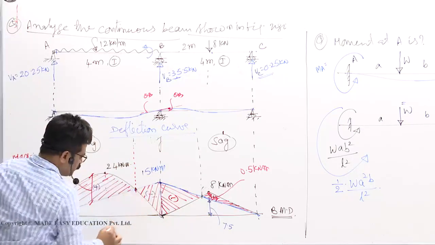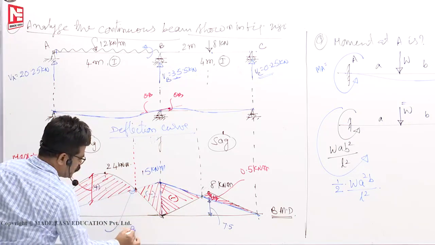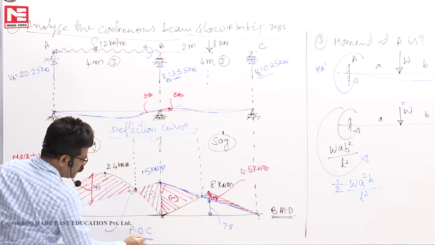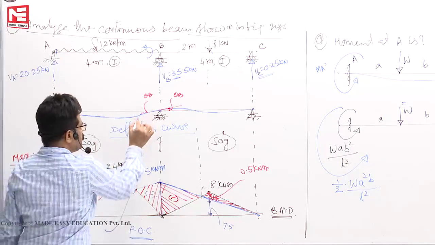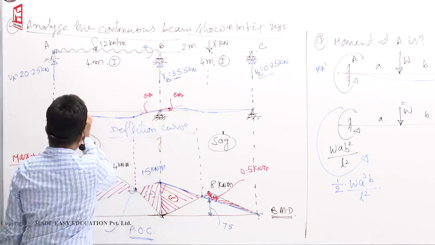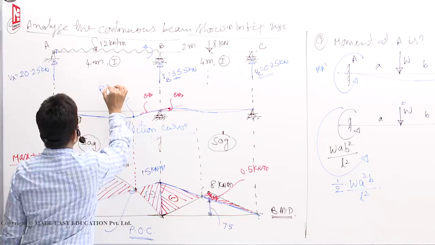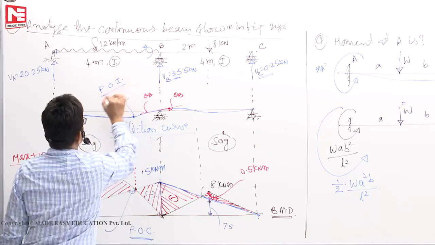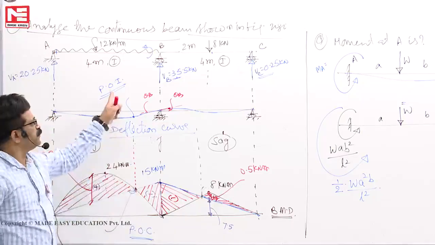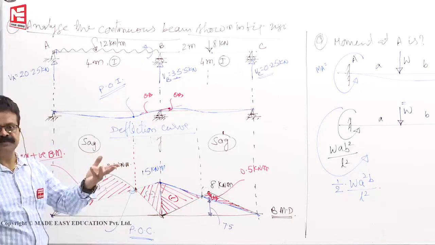This point where bending moment changes its sign, you call it POC, point of contraflexure. In this curve, where the curvature changes its sign, we call it point of inflection. Point of inflection is a more general term.